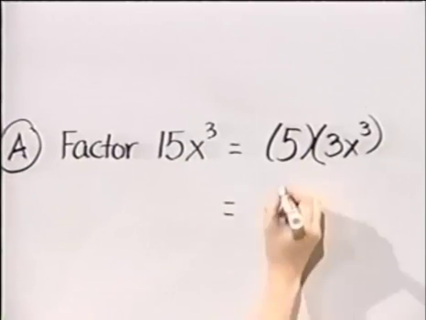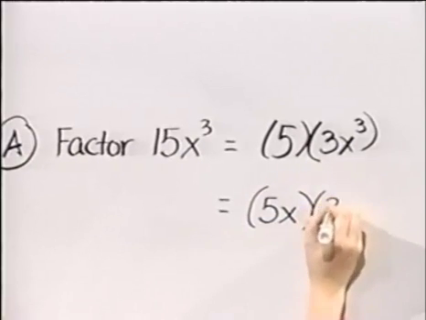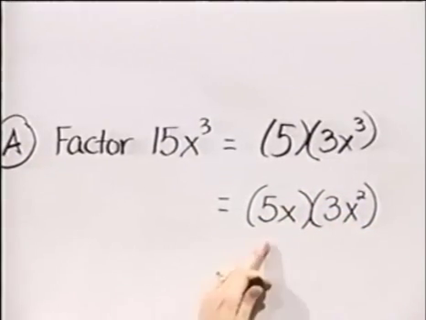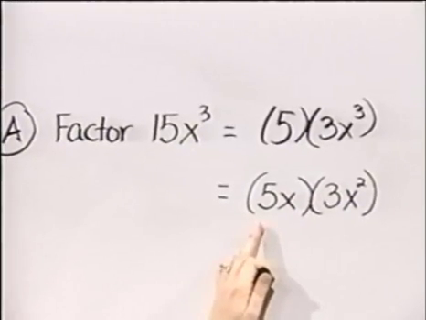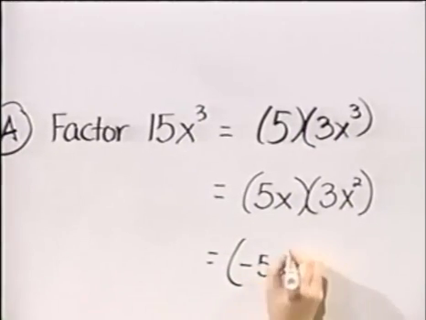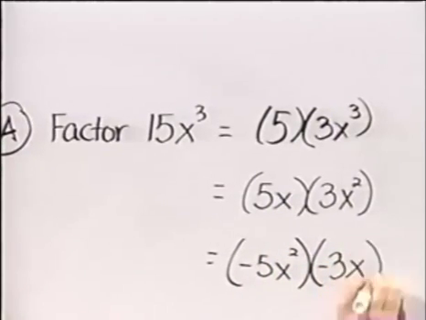What else could you do? You could do 5x times 3x squared. That's another way to factor 15x cubed. 5x times 3x squared gives you 15x cubed. Or what else could we do? We could do negative 5x squared times negative 3x.